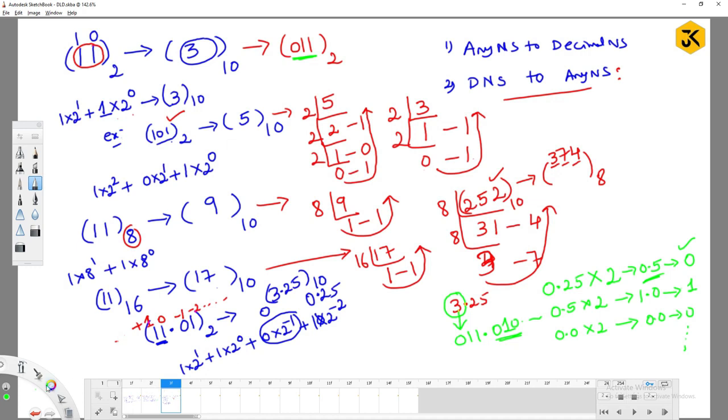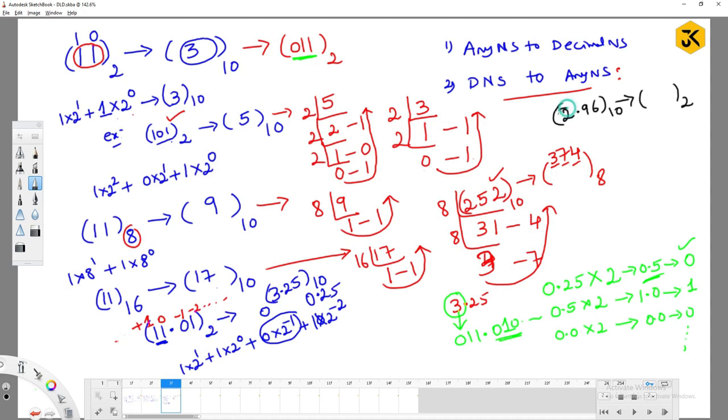Let's take another simple example. For example, I am trying to convert 2.96, which is in decimal format, into a binary number. What do you have to do first?